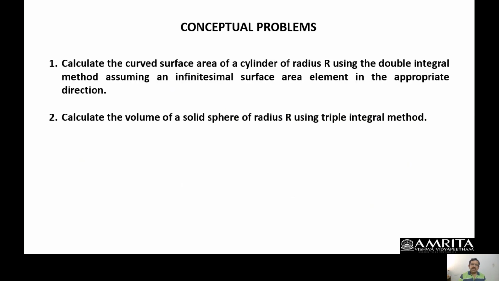Now let me exemplify the usefulness of these surface area elements and volume elements by these two typical problems. Calculate the curved surface area of a cylinder of radius r using the double integral method, assuming an infinitesimal surface area element in the appropriate direction. How do we go about it?